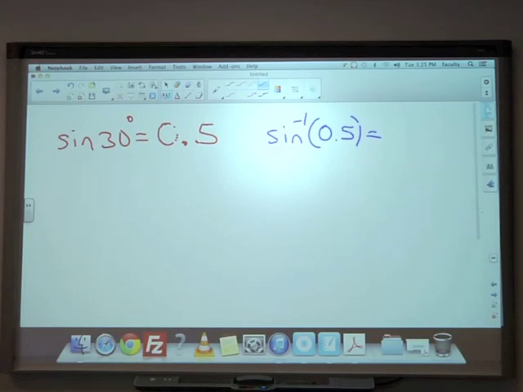So sine minus 1, cosine minus 1, tangent minus 1 is what you use when you want to determine the angle. That's what that's for. So sine minus 1 of 0.5 should be 30.